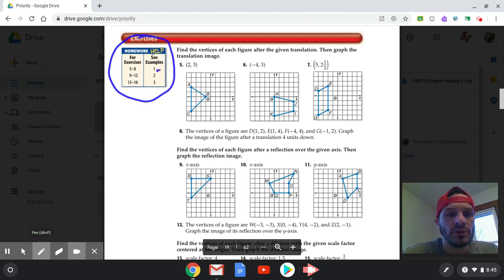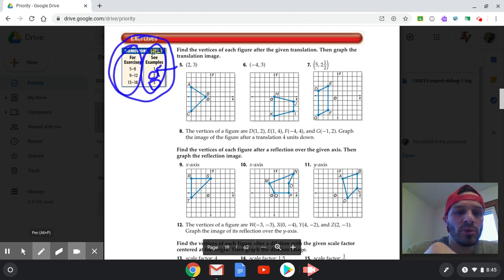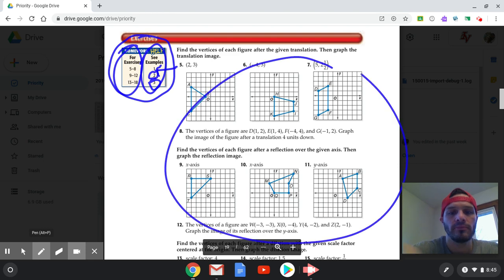So you'll go to example 3 on what I just showed you to do problems 5 through 8, example 2 to do problems 9 through 12, and example 3 to do problems 13 through 18 here. And so by examples, I'm talking about what I just went through in the notes. Example 1, example 2, example 3 to do these problems that are in here.